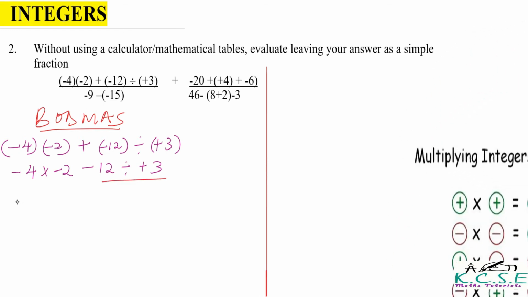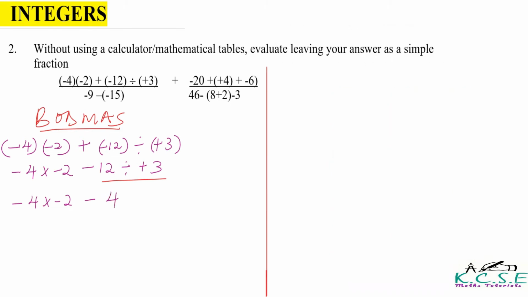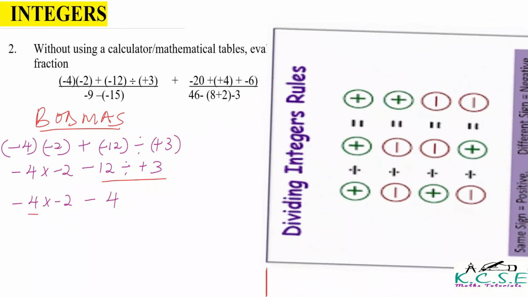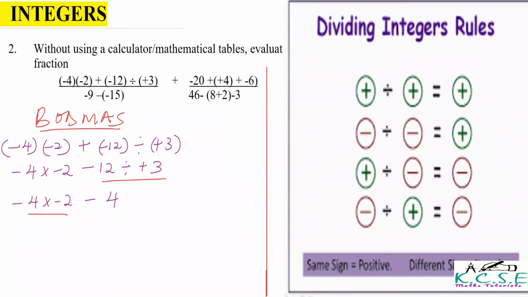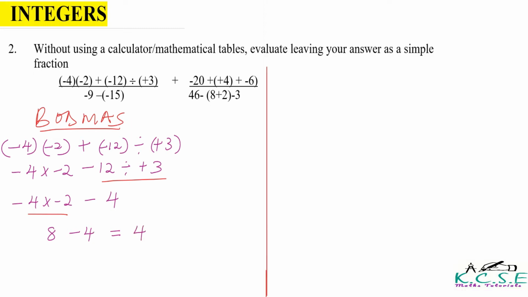So we have negative 4 times negative 2 minus, this is 12 divided by 3, this gives 4, followed by the next operation, multiplication. Negative 4 times negative 2 is positive 8, 8 minus 4, and this one gives positive 4. Now that is the numerator part of the left hand side.